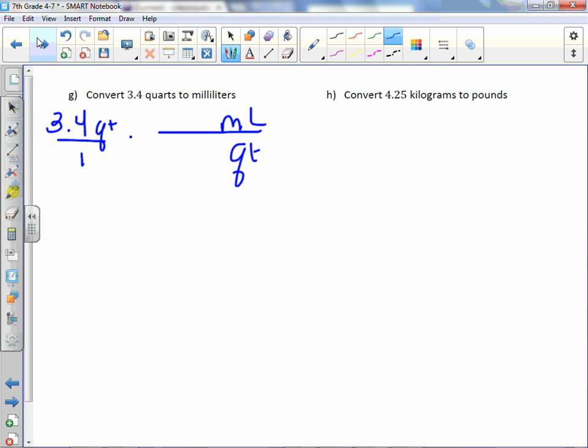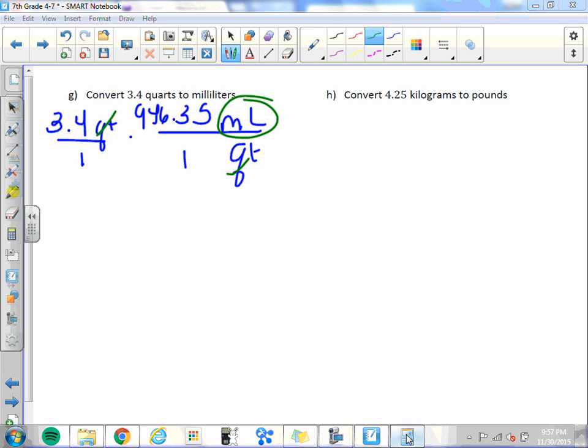So again, 1 quart is 946.35 milliliters. The quarts cancel out, leaving you with milliliters, and multiply across.